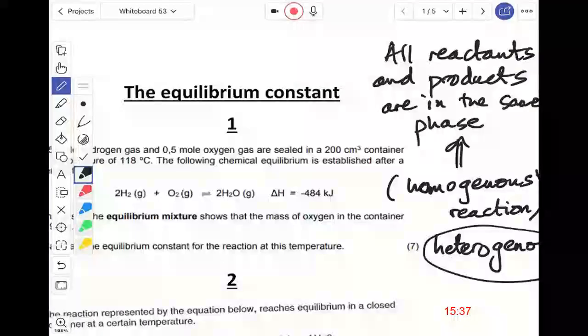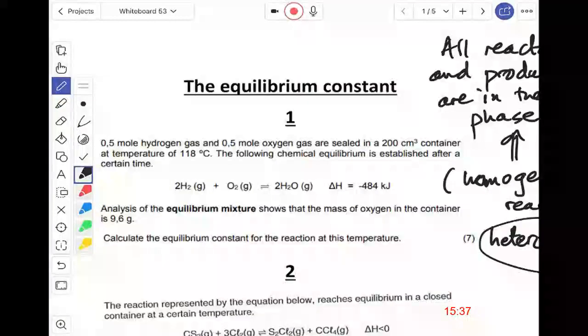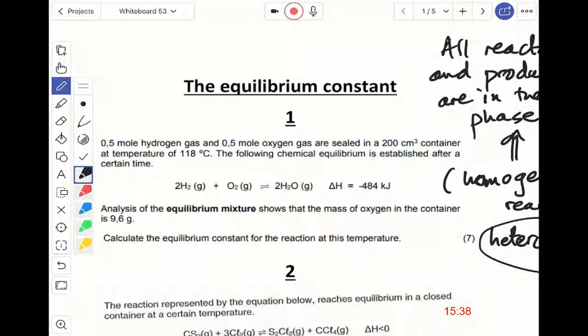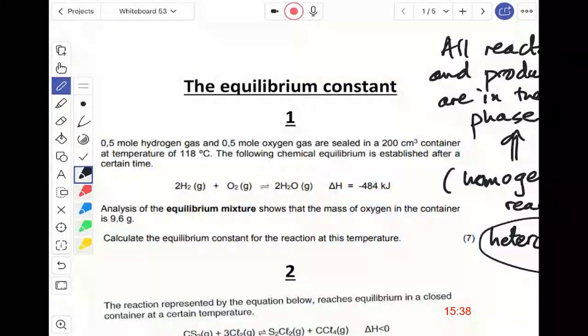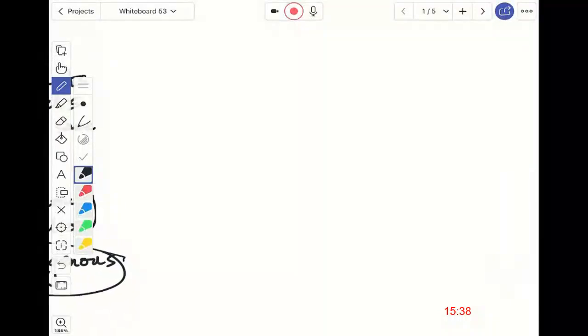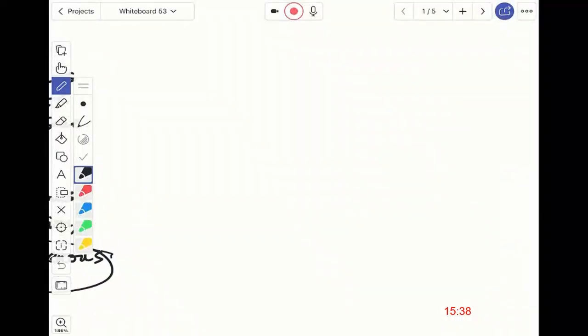Right, so let's get back to the problem. Analysis of the equilibrium mixture shows that the mass of oxygen in the container is 9,6 grams. Calculate the equilibrium constant for the reaction at this temperature. So what we're going to do is set up a table. When I solve this problem, the first thing I do is write down my equation.